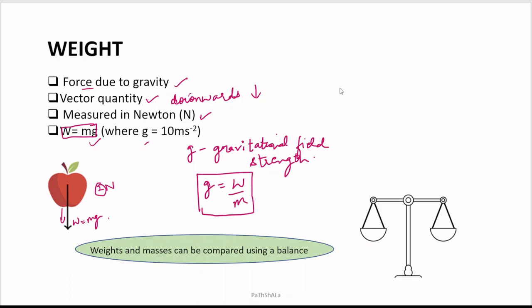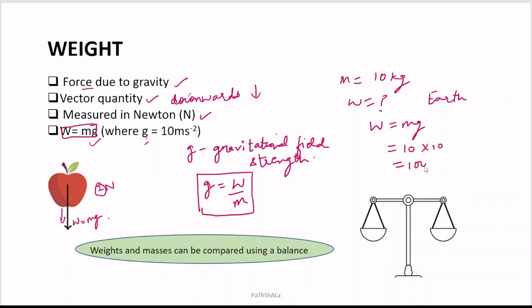So basically, if I am saying the mass of an object is, let's say, 10 kgs, what will be its weight? I am talking about Earth. I want to calculate its weight on Earth. So I can use the formula W equals mg, and on Earth gravity is 10. So I can say mass is 10 and gravity is 10.